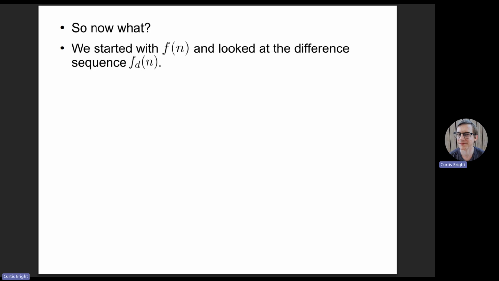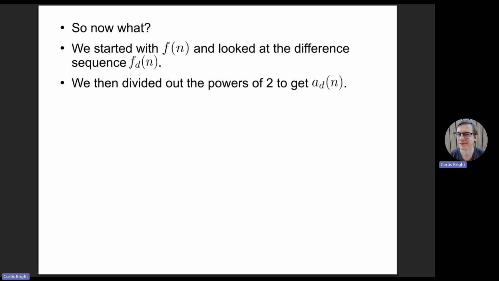So just to recap, we started with this sequence f of n that tells us the location of any positive or negative integer in this tree that we developed using two operations. We looked at the difference sequence, f sub d of n. We divided out the powers of 2 to get this new sequence that we called a sub d of n.